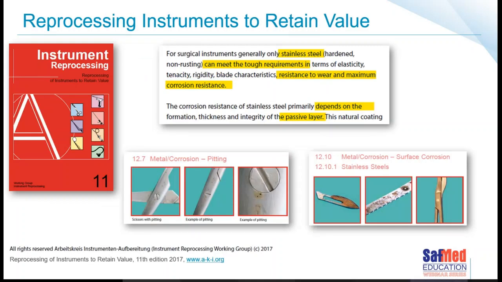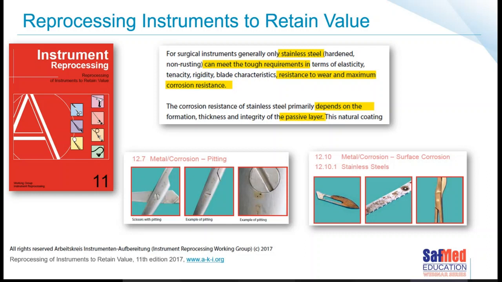The Red Book also then goes on to describe materials used in the manufacture of surgical instruments. Now I'm talking about stainless steels and moving on to talk about the passivation layer and corrosion. Generally, for surgical instruments, only stainless steel is used, because it's hardened, it's non-rusting, and generally can meet the tough requirements in terms of elasticity, tenacity, rigidity, blade characteristics, resistance to wear, and maximum corrosion resistance.